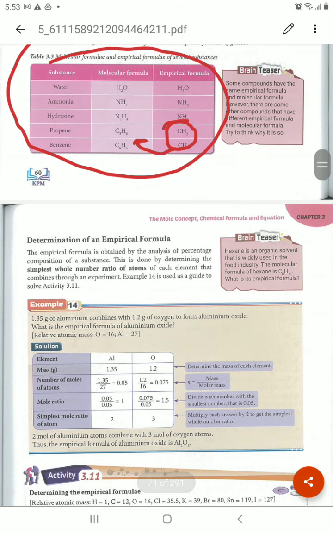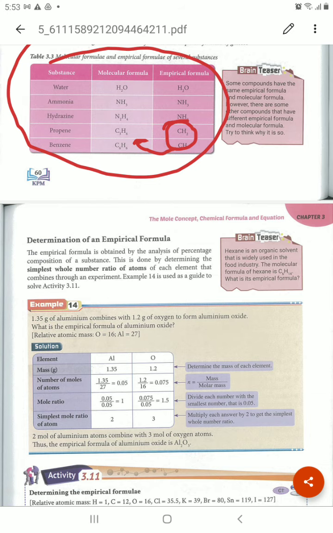How about when the question is about the calculation for empirical formula? This is an example of a question that usually comes out in the SPM examination. Look at example 14. The question is: 1.35 gram of aluminium combined with 1.2 gram of oxygen to form aluminium oxide.